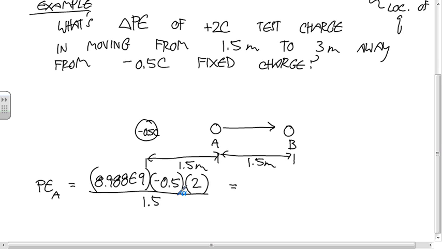It's about negative 6 times 10 to the 9.